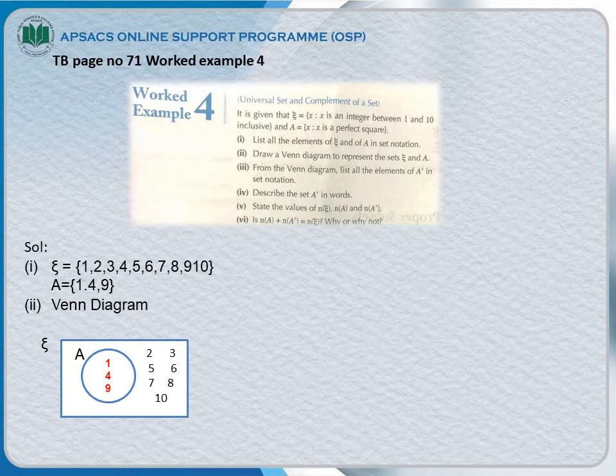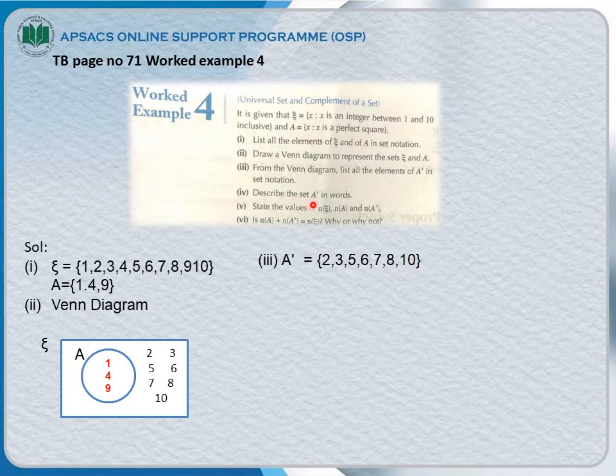Next, question number 3. From the Venn diagram, list all the elements of A prime in set notation. A prime is the complement of A. The elements are not present in set A. Which elements are not present in set A? The elements are 2, 3, 5, 6, 7, 8 and 10. So A prime is 2, 3, 5, 6, 7, 8 and 10. Now question number 4.